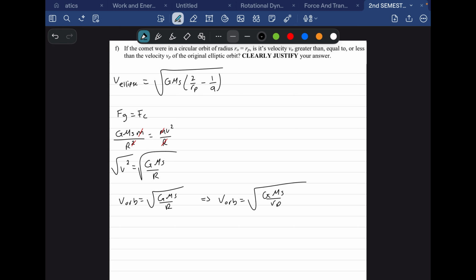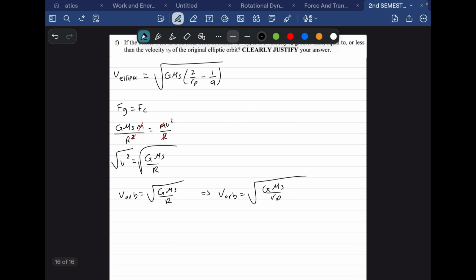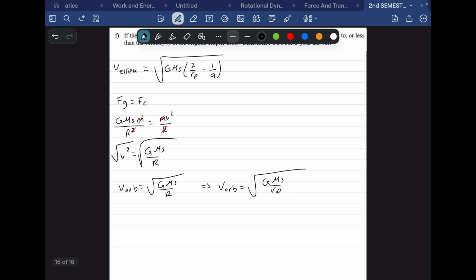Okay, so to determine which velocity is faster, we have to look at the parenthesis, right? So I'll just factor this out real quick.